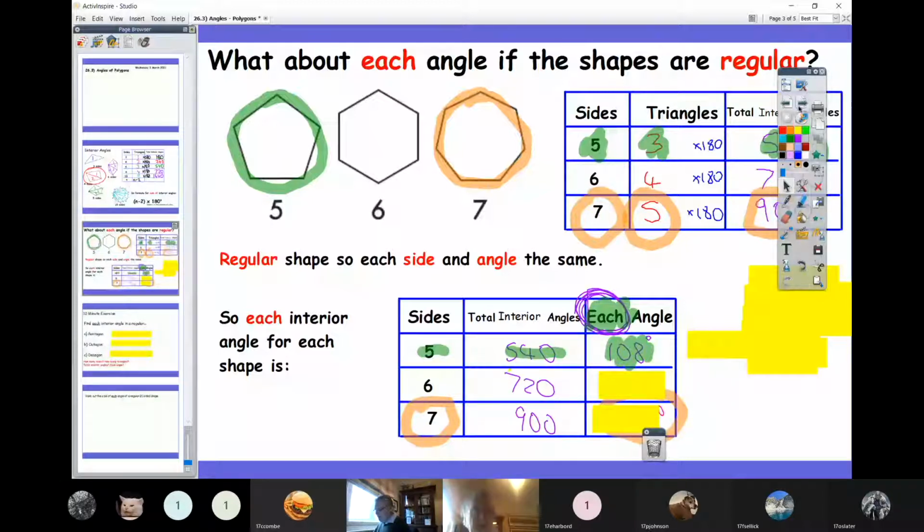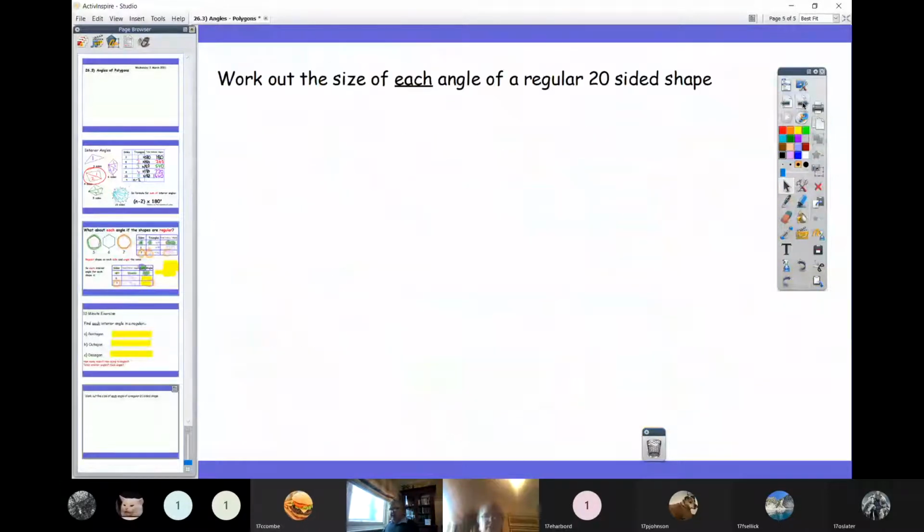Because of the lag, I'm going to try and speed this up and go straight through to this final one. Let's see if we can do this one together. If you can do this, then you understand the whole process. We've got a 20-sided shape. So you've got to say to yourself that's got 18 triangles.